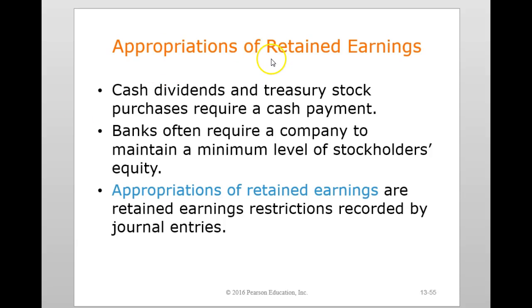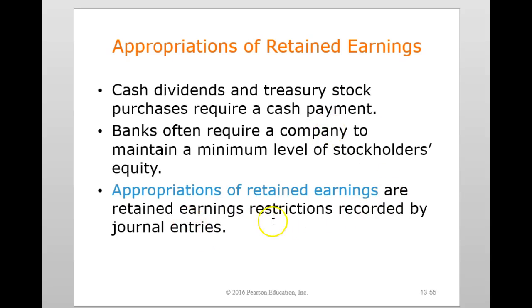Sometimes you can have appropriations of retained earnings. You've got cash dividends and stock purchases requiring a cash payment. You have to kind of look down the road and say, okay, we need to make sure we have this much retained earnings available if we have to do certain things.